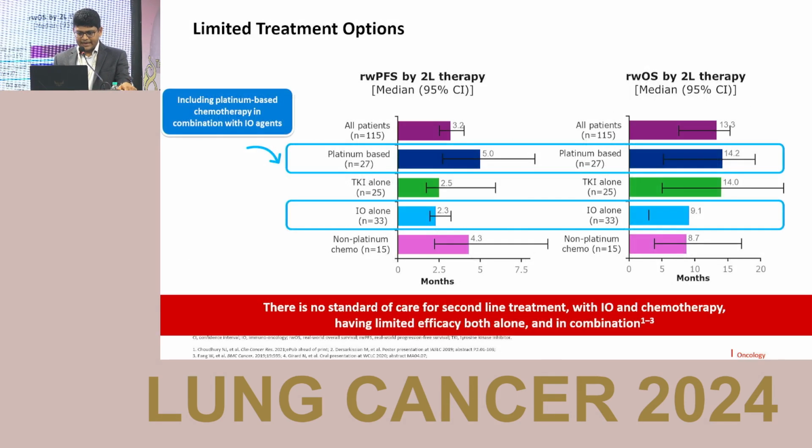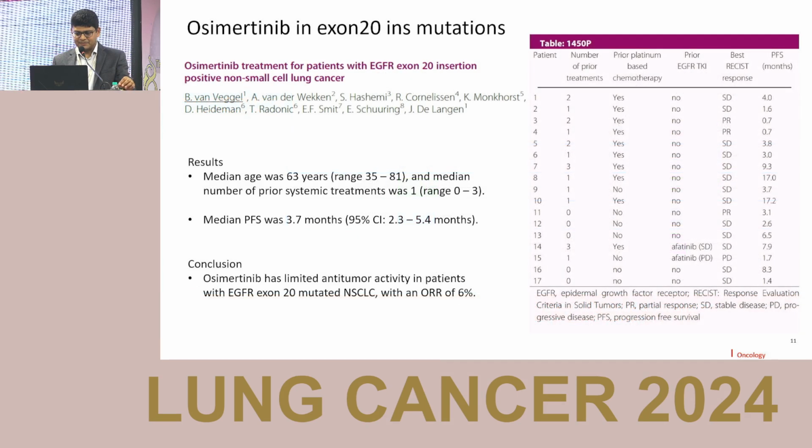So, except platinum-based therapy or IO alone, which we have already discussed, even in second line they don't fare well. And so, largely, except amivantamab, we don't have great drugs to target these patients. Osimertinib, we had some data for exon 20 insertion mutation, but again, the median PFS was somewhere around 3.5 months. So even osimertinib has limited activity in these patients.